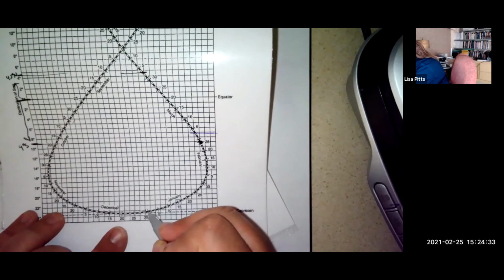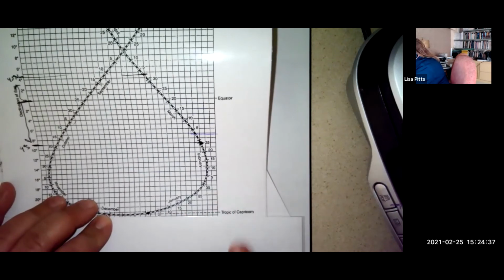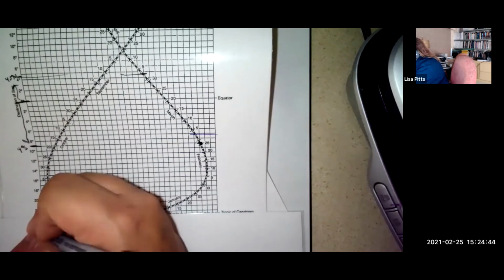So here's January the 1st-ish, right here. And so it looks like this right here, this is the Tropic of Capricorn, so that's 23.5. So it looks like I'm at about 23 degrees south.